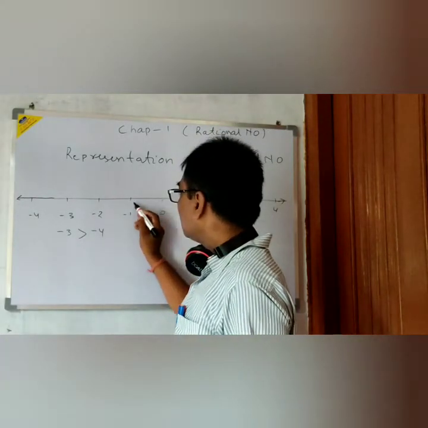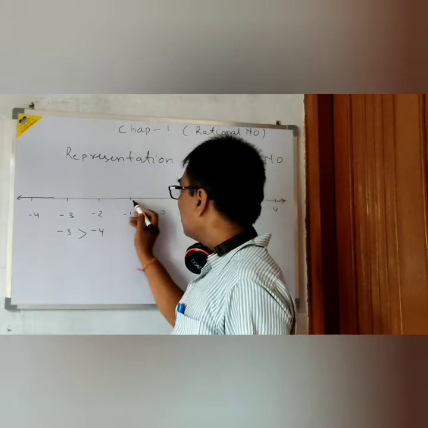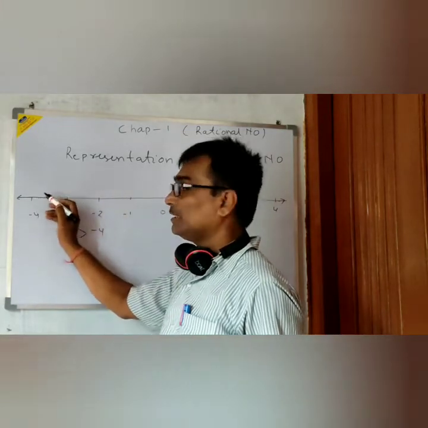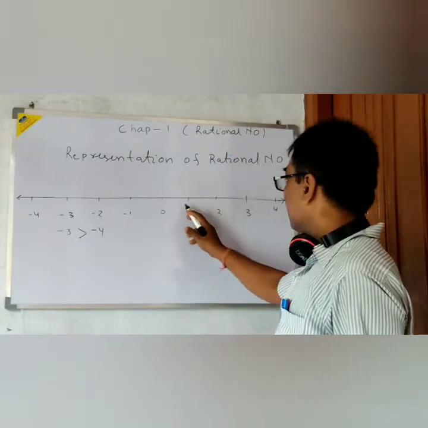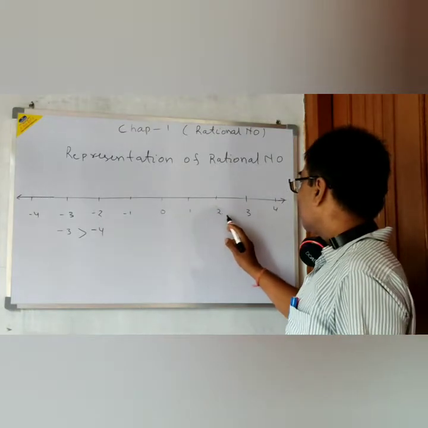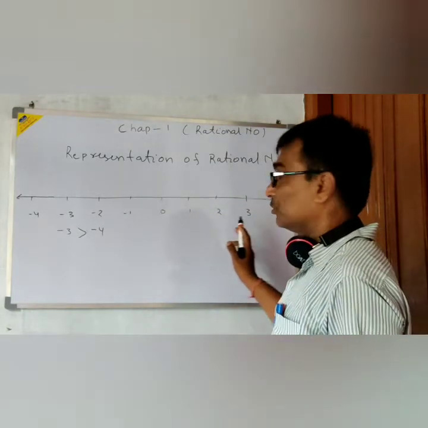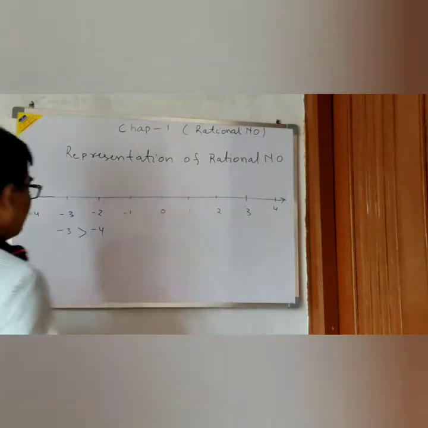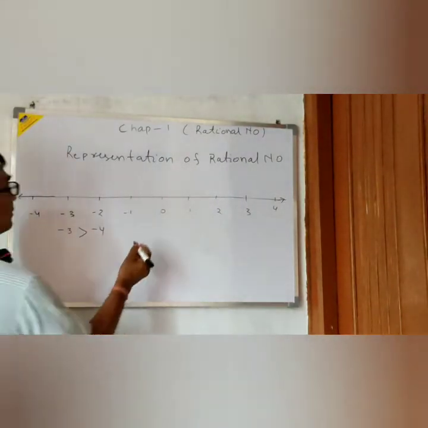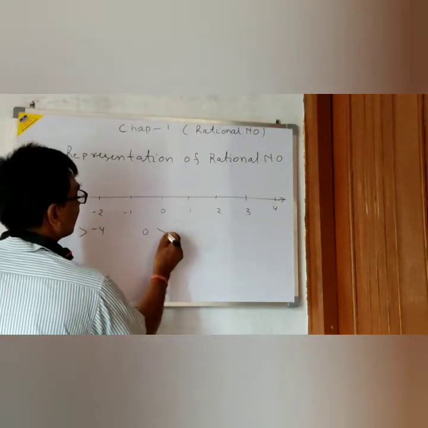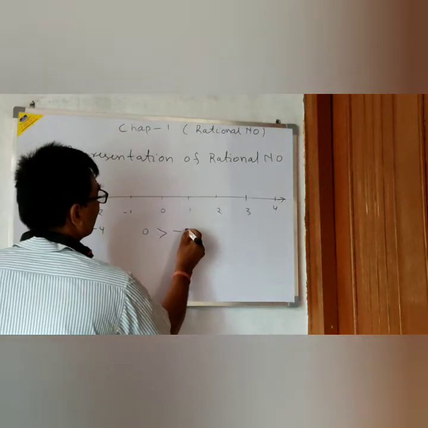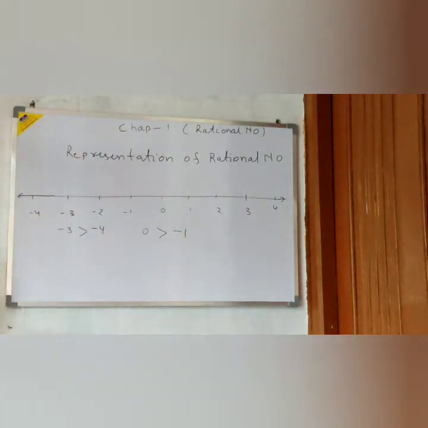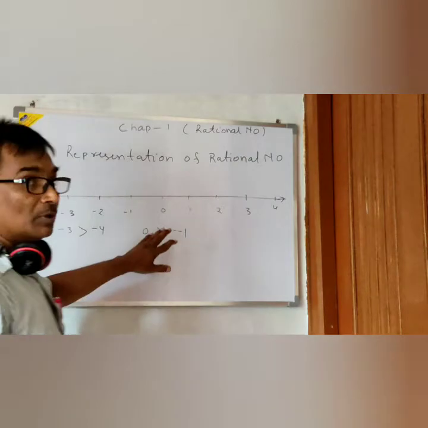Left side numbers are smaller: minus 1, minus 2, minus 3. Right side numbers: plus 1, plus 2, plus 3. You see that minus 1 is greater than minus 3. In the same way, 0 is greater than any negative number.